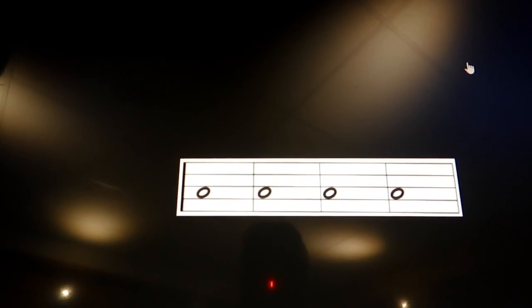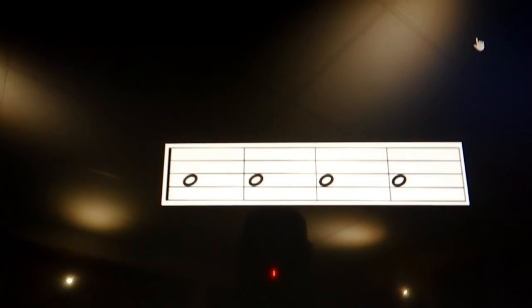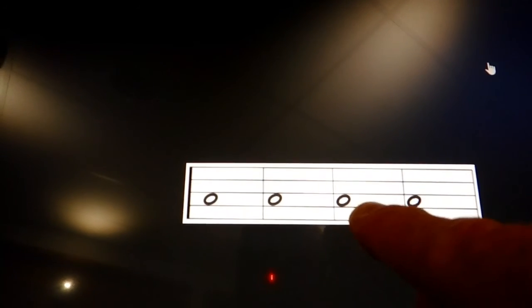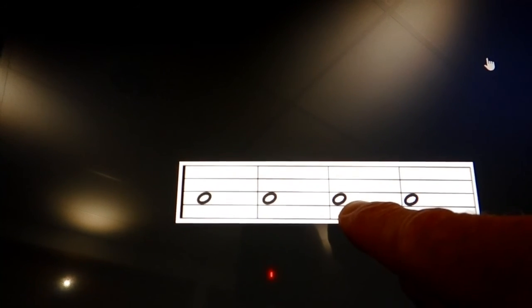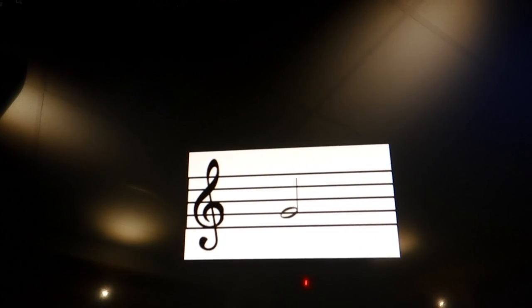We just hold it. So we're not holding it as long, but it was still held for 4 beats. So whenever we sing or play a whole note, we hold it for 4 beats. The half note is 2 beats, and the quarter note is 1 beat.